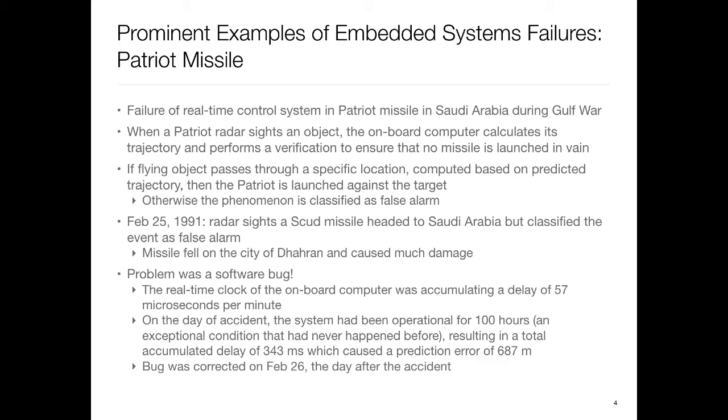Some other very famous examples: in the 90s, there was a whole episode where Intel processors had a floating point bug. That is, for some numbers it would add and it would fail. The Java virtual machine had a problem for a long while with certain esoteric floating point numbers.